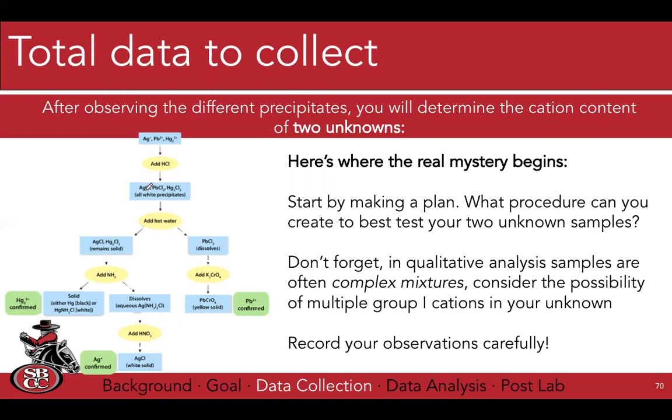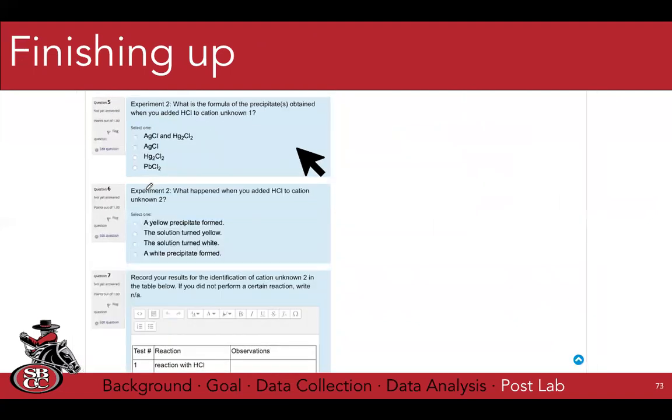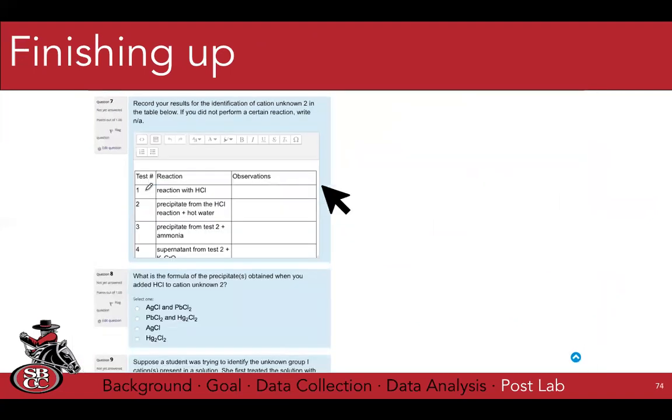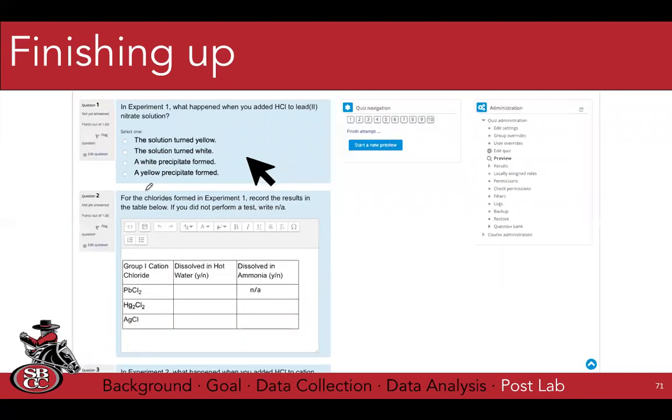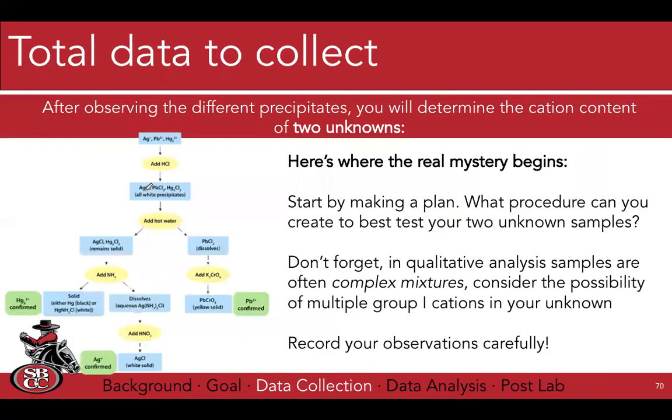Great question. Other questions? Mine was on the analysis part, not really with this lab, but with the flame tests. Does it matter what gas you use to make the flame? That's a good question.